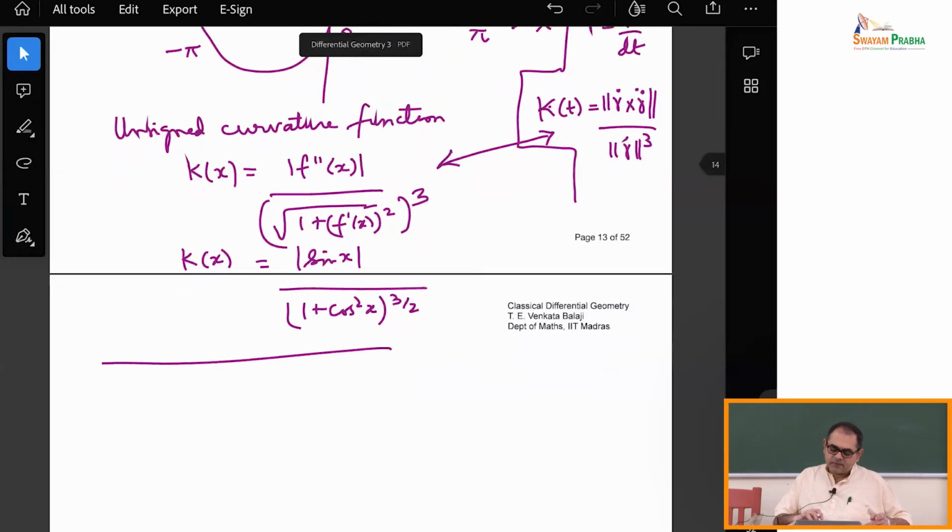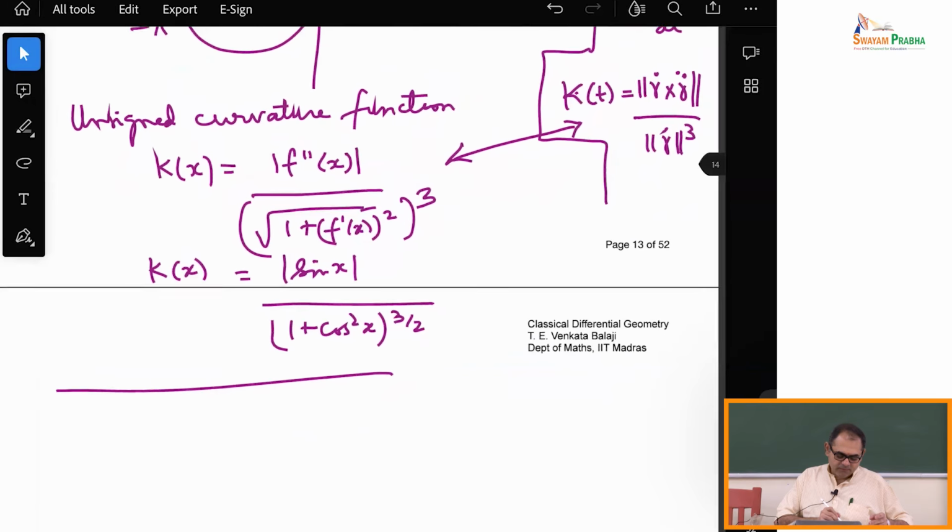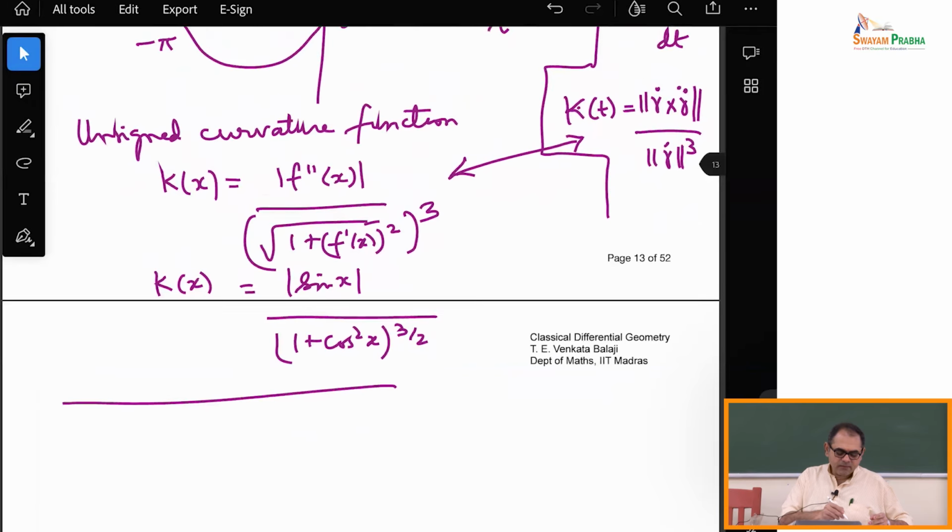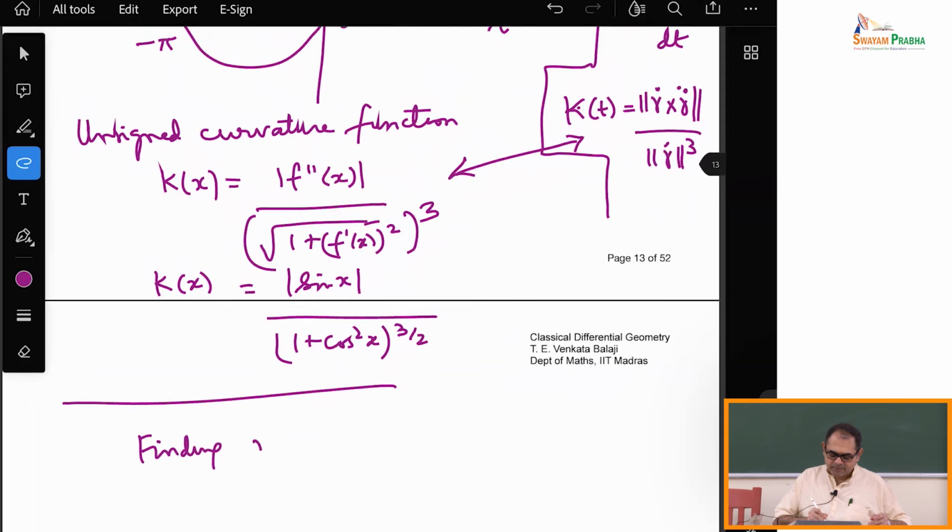So let me write that down. Part 2: finding maximum and minimum curvatures and the points where they are attained.